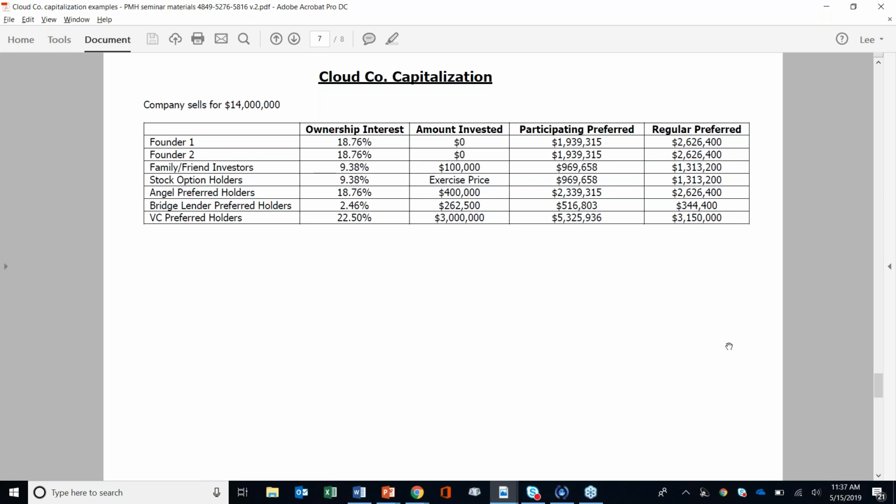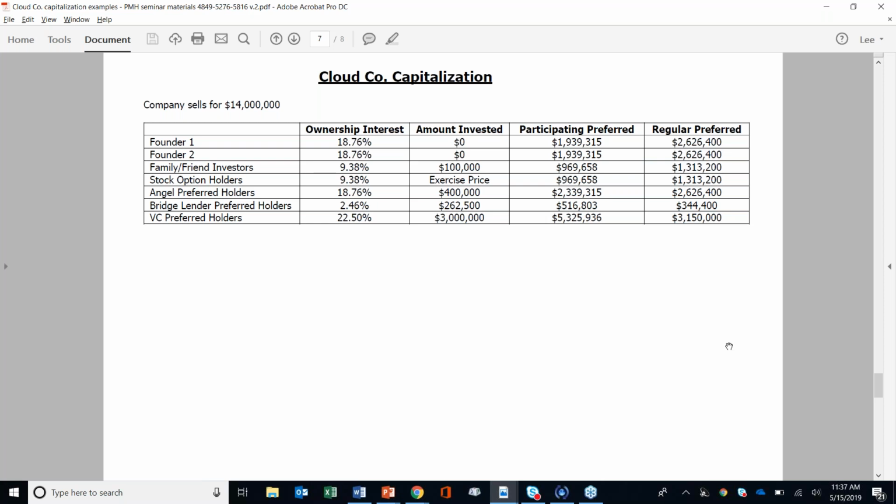And then it can be put your money where your mouth is, because if you only grow it a little bit, I want to guarantee at least a double return before you get anything. So I want 2x participating preferred, get double my money back, and then participate in anything that is left over.